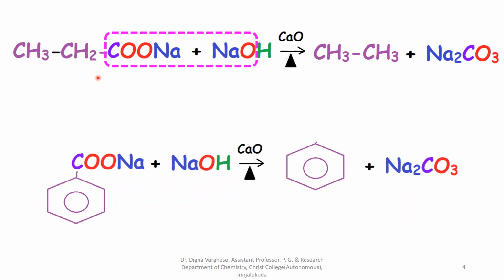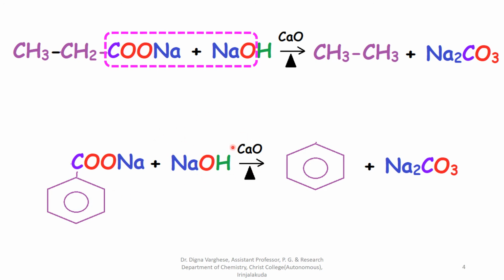Here you can see another example. Upon heating with soda lime, the sodium salt of a monocarboxylic aromatic acid also yields an arene having one carbon atom less. Here you can see the sodium carboxylate reacts with, or is fused with, soda lime.